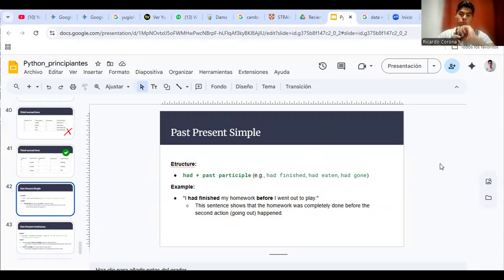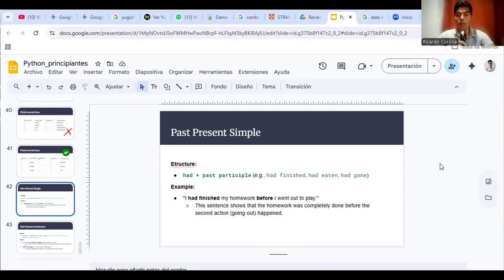We need to put the subject, for example I, we, he, she, it, or another, followed by had, plus the past participle.